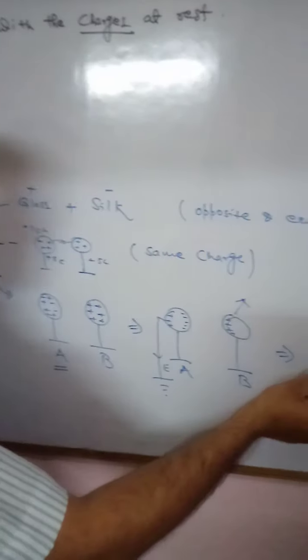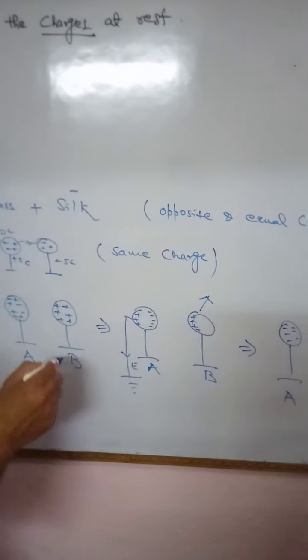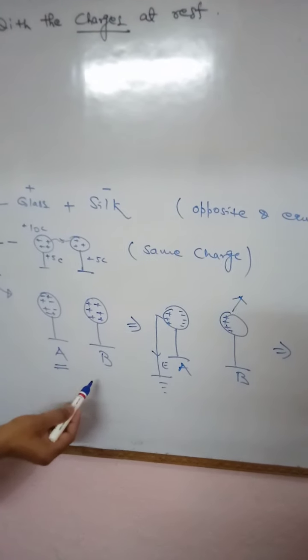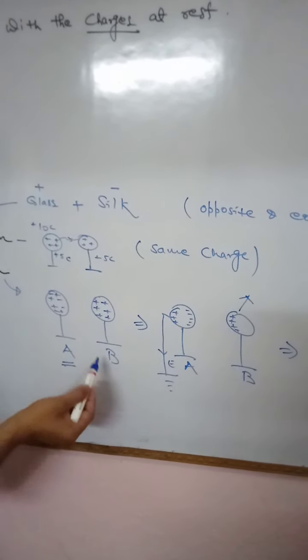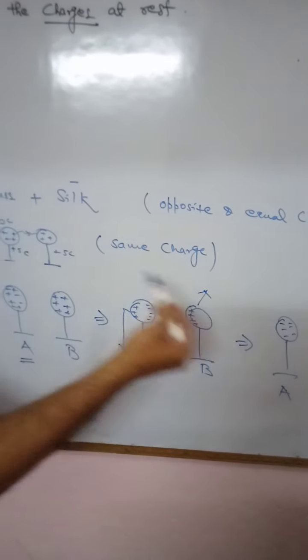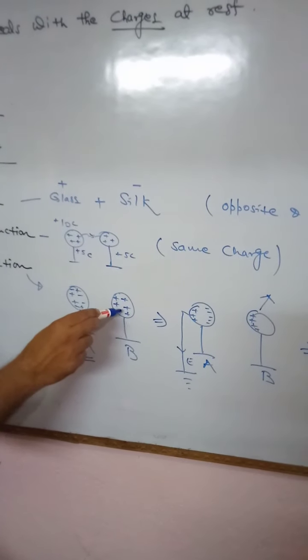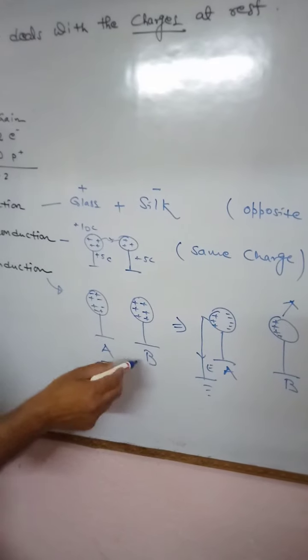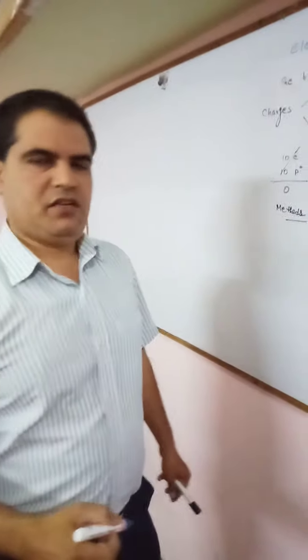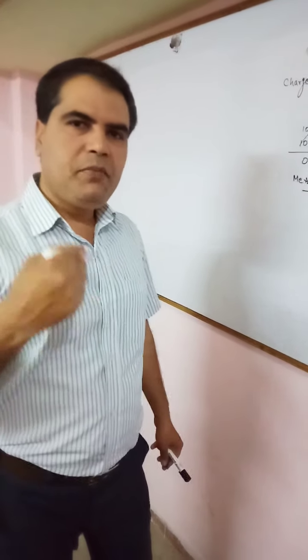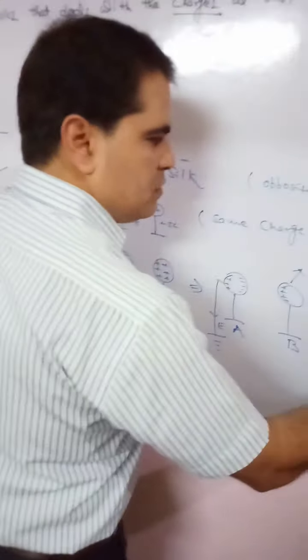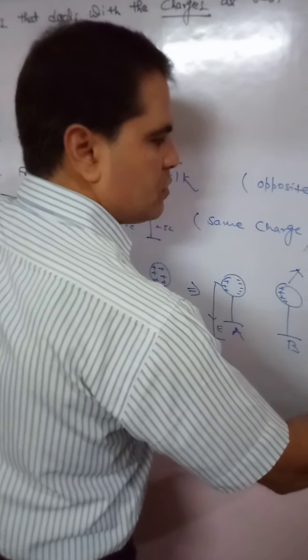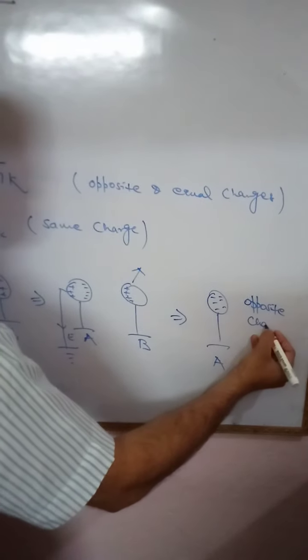Now the same A is negative, because we induced A with positive. If we had taken negative as B, A would be positive. So this is the induction effect. In induction, we get the opposite charges.